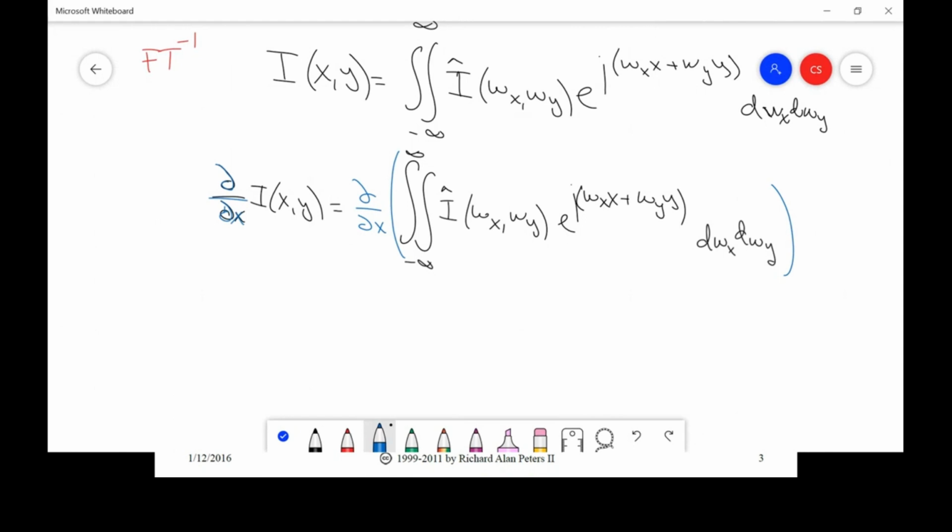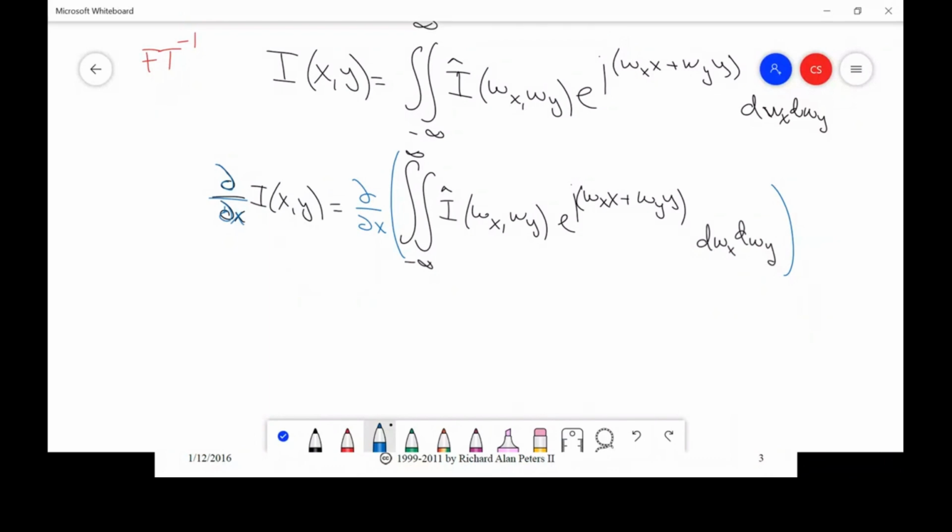An integral is like a sum, so the derivative of an integral is the integral of the derivative. There are some constraints to do that, but normally you can assume it. The integrand needs to fulfill some properties so that they can be interchanged, but let us assume that normally well-behaved functions fulfill these conditions. So we can put the derivative inside, and then we have something that does not depend on x. So this is a constant with respect to x.